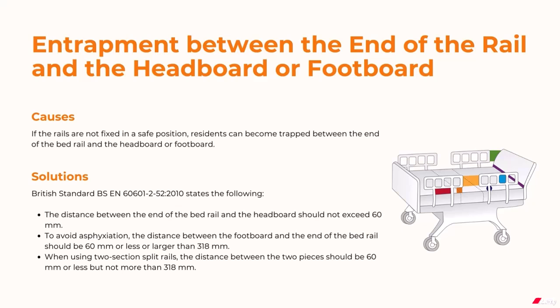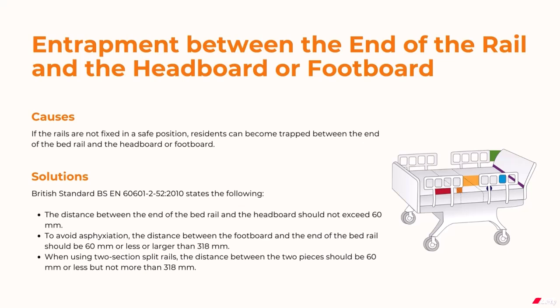Solutions. British Standard BS EN 60601-2-52, 2010 states the following. The distance between the end of the bed rail and the headboard should not exceed 60 millimeters.